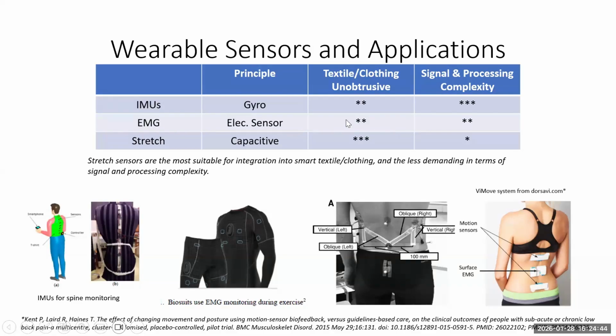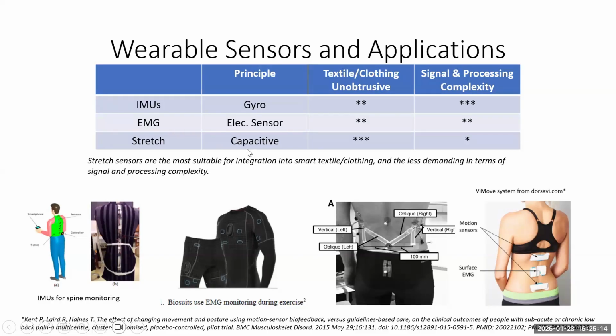EMG is good. You can put them into clothing, and the complexity is less than the IMUs, but it monitors muscle activity. It's not monitoring bone or joint motion. Stretch sensors are capacitive, very good in terms of low signal complexity, very easy to put into clothing.